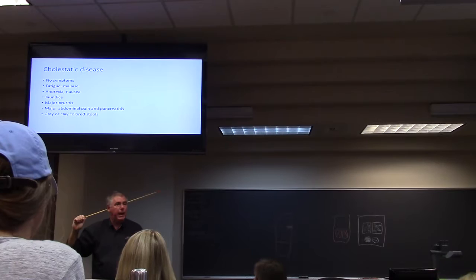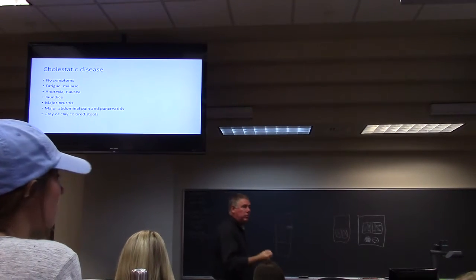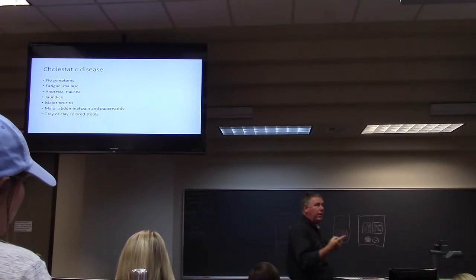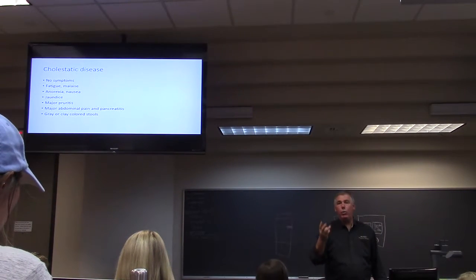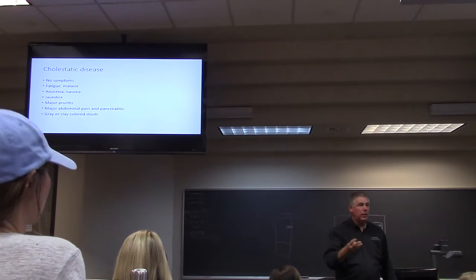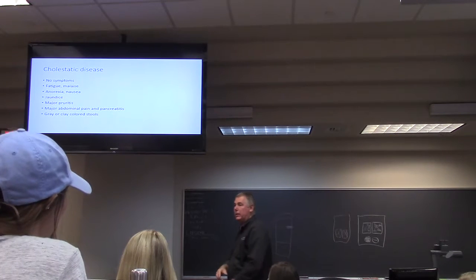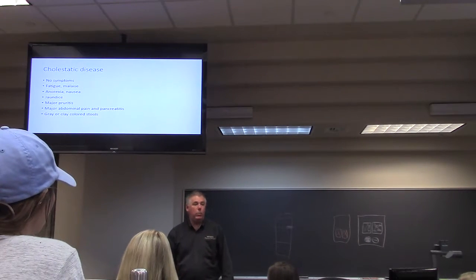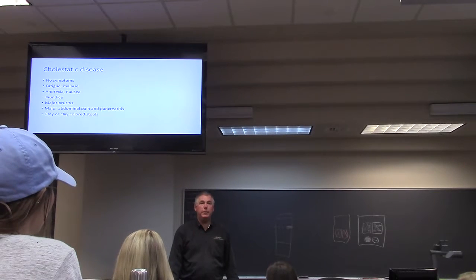Kayla Evans the other day did a good job, at least on the video, of distinguishing cholelithiasis, ascending cholangitis, and cholecystitis. If you don't know what those terms are, you probably need to go back and listen to that video again, or refresh your notes here.